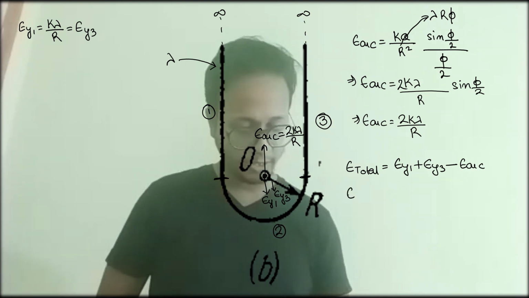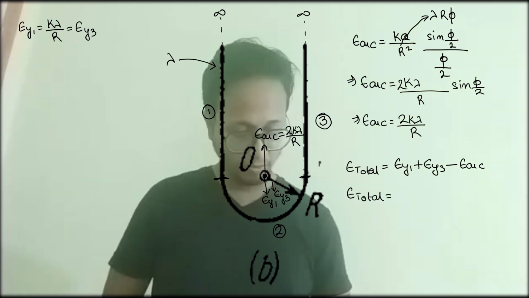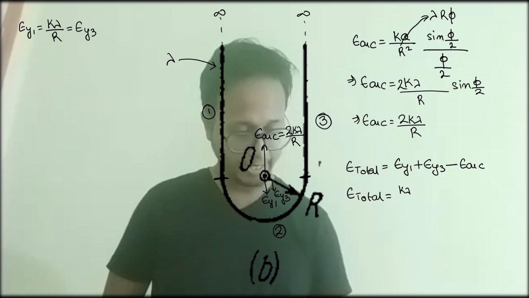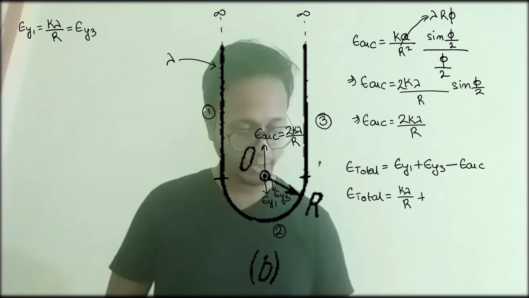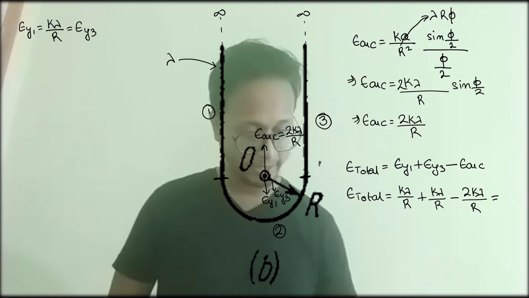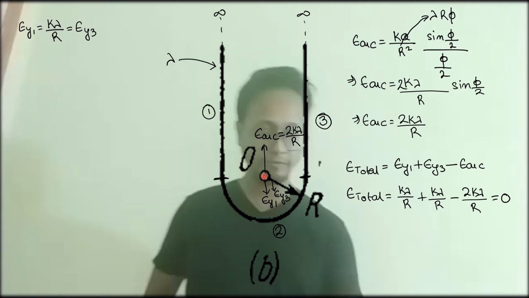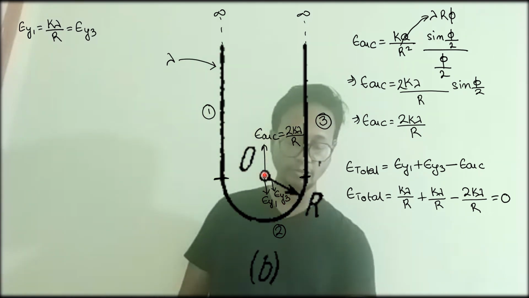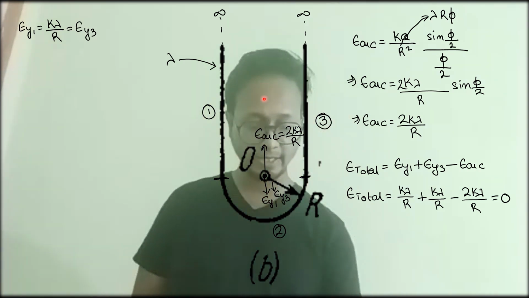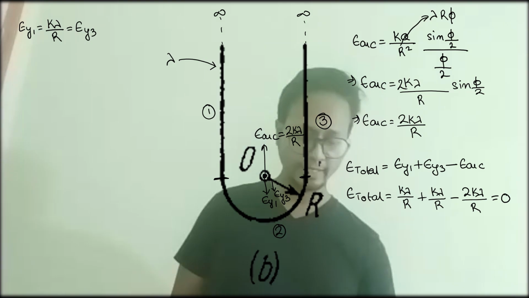The value of Ey1 is k lambda by R, the value of Ey3 is k lambda by R, and the electric field due to the semicircular arc is 2k lambda by R. So if we add these three, it becomes 0. So the total electric field due to this shape is equal to 0 at this point. Understood? It doesn't matter if you take the upward direction as positive and the downward direction as negative.